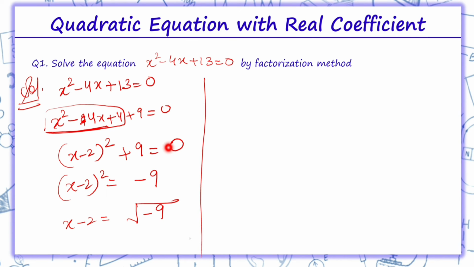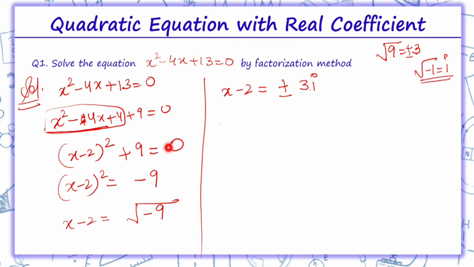So this can be written as ±3i, because we know the square root of 9 is 3. So I have written this 3, and the square root of minus 1 is i. Therefore I have written over here i.